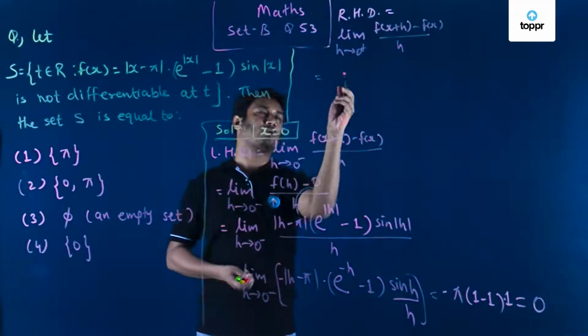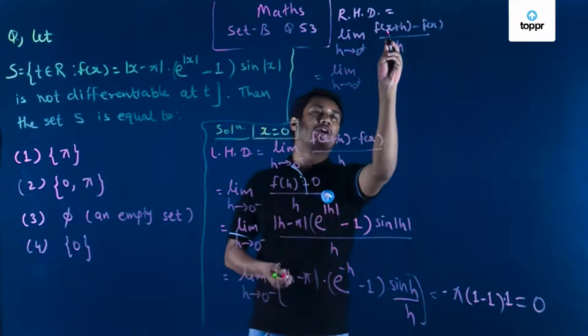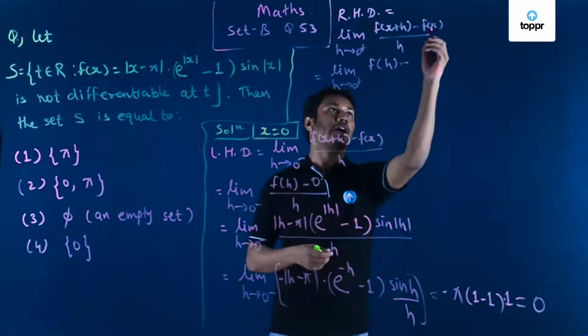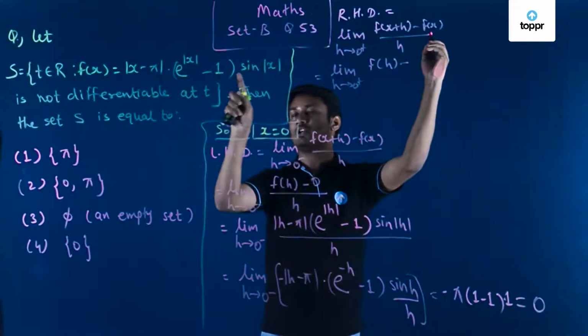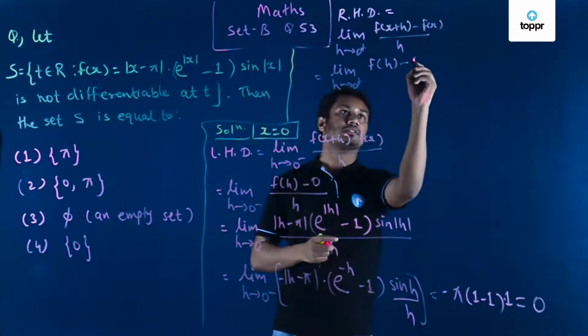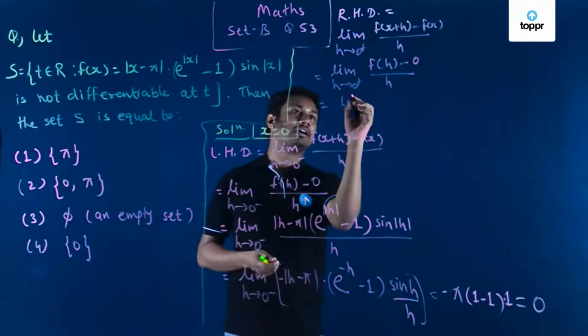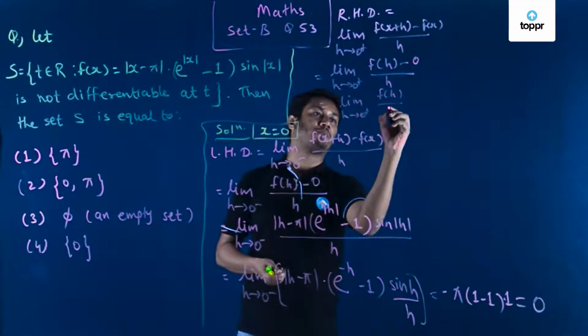Because I have considered the point x equal to 0, I'll consider f of h here. f of x at x equal to 0 will be 0 again, because sine of 0 will be 0, so this is 0 upon h. So basically what we get is limit h tends to 0 plus of f of h upon h.